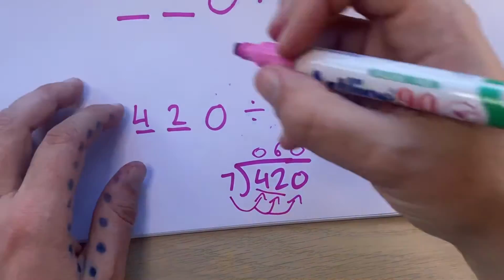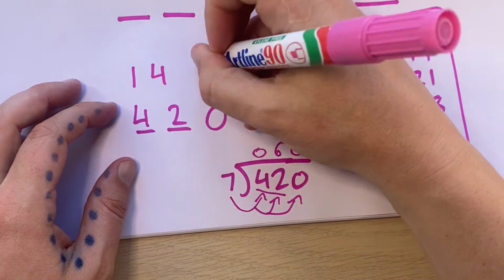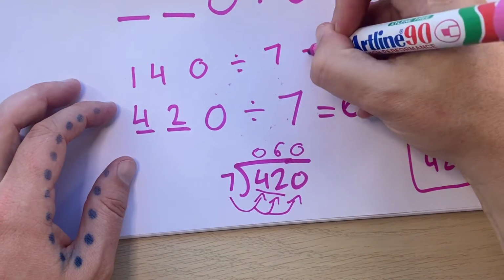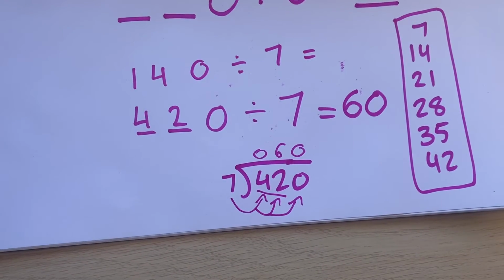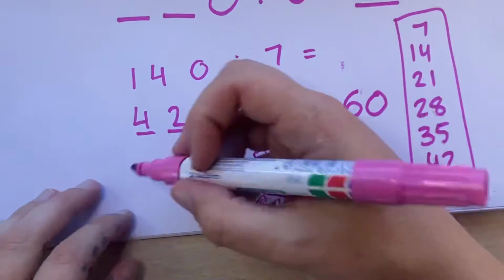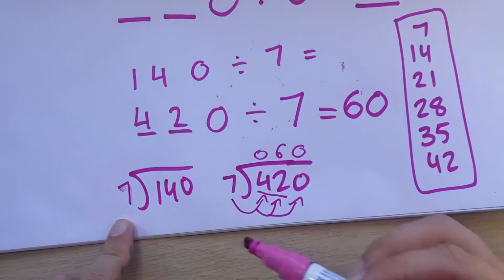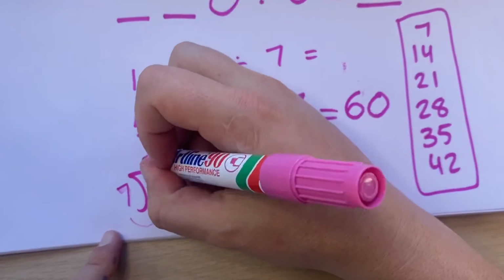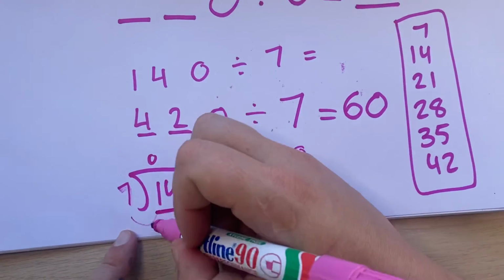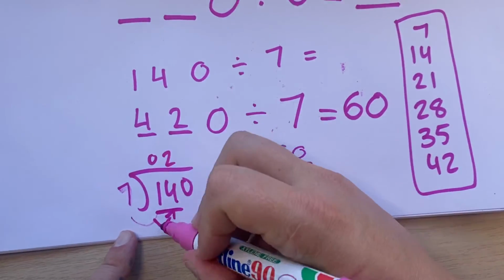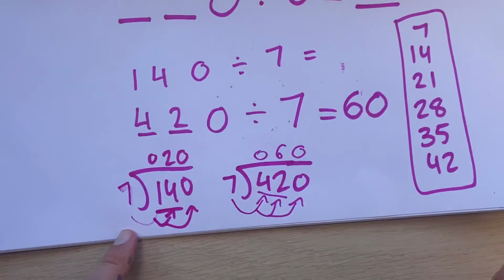You might find out, well, hang on a minute. 140 divided by 7 also might find us an answer. If I do the same working out, how many times does 7 go into 1? 0. How many times is 7 going to 14? 2. How many times is 7 going to 0? 0, 20. Oh.